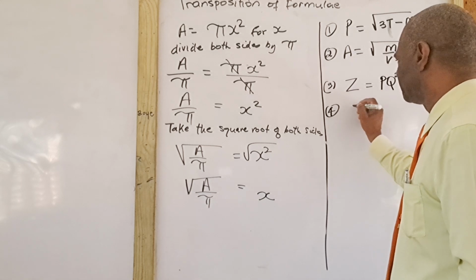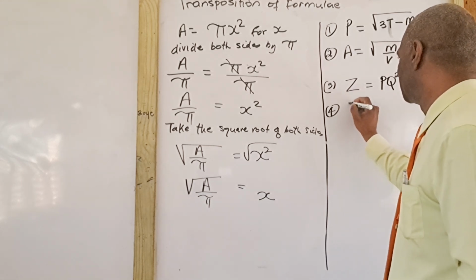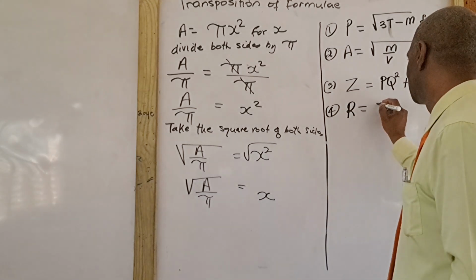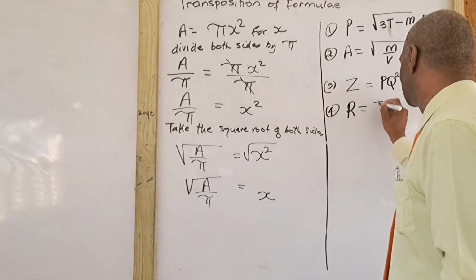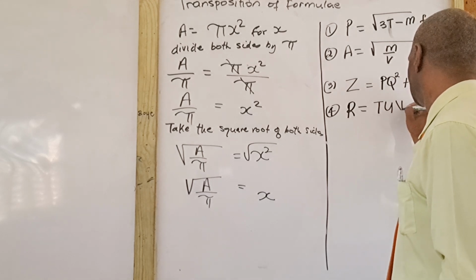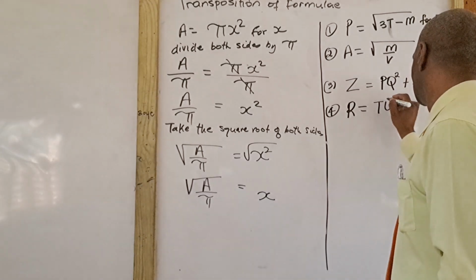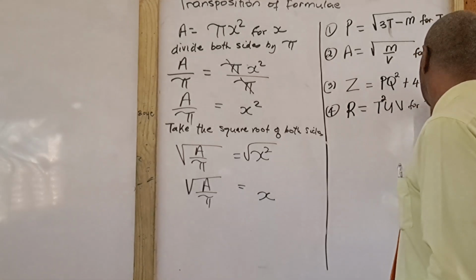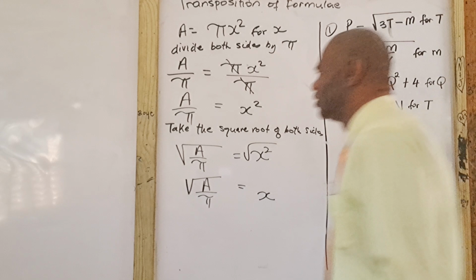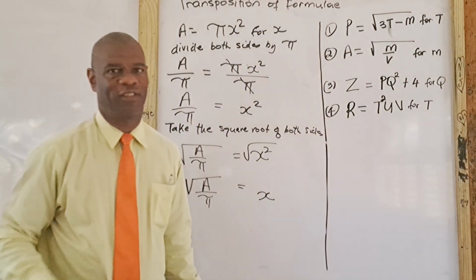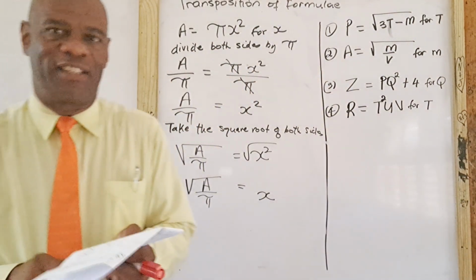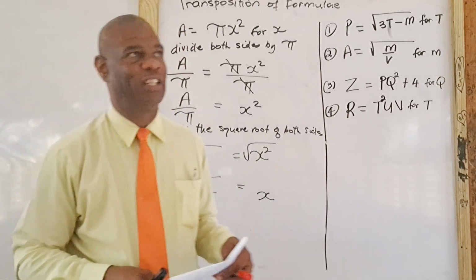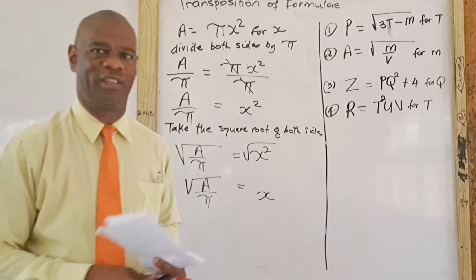And then one more: R equals TV, for T. So just work on those and leave your answers in the comment. You can just put the answers only, and then we can determine if you are correct.